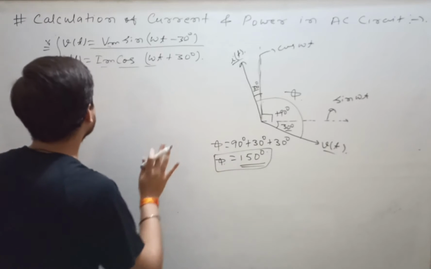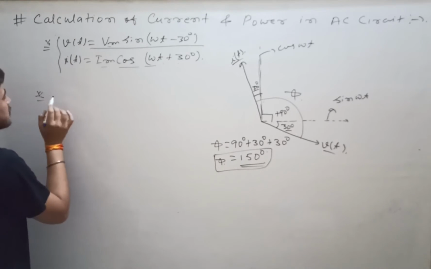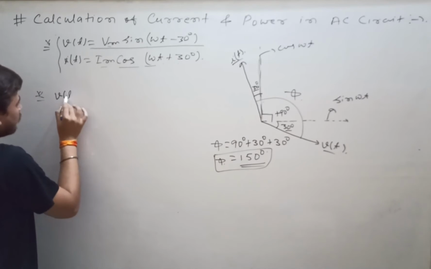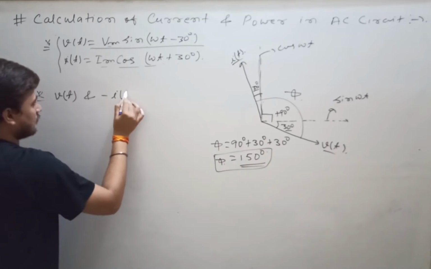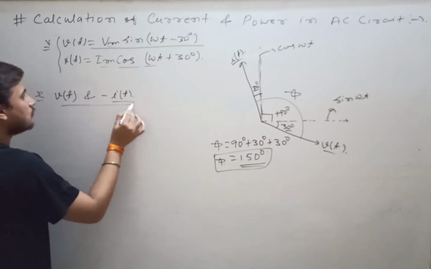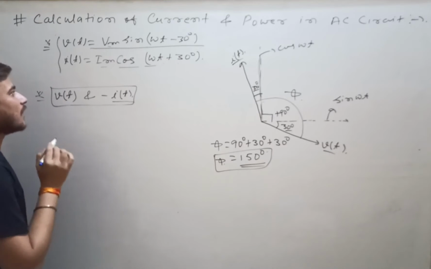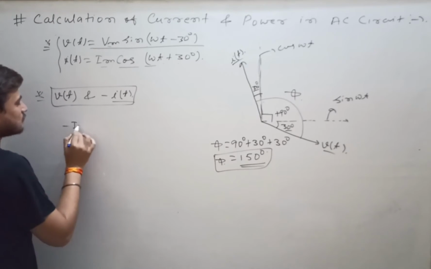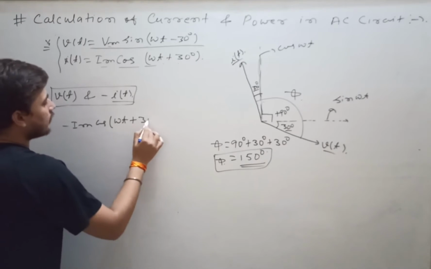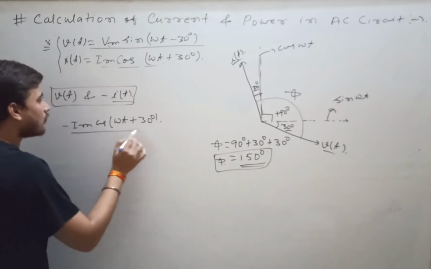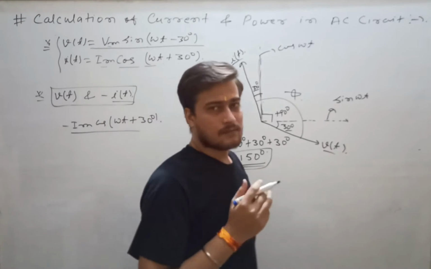Clear? In the same question, if somebody is asking you to find the phase difference between Vt and minus It, what is the meaning of minus It? Minus It means minus Im cos omega t plus 30 degree. So how to find the phase difference between Vt and minus It?